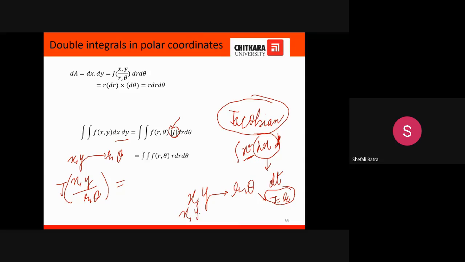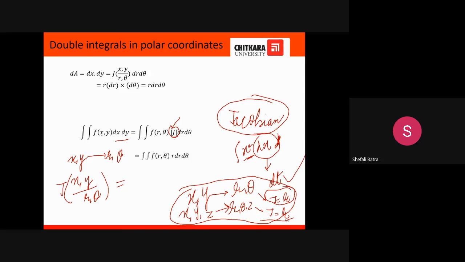X, Y, Z, cylindrical coordinates. Cartesian coordinates would be converted into cylindrical coordinates r, theta and z. Again, the Jacobian would be r. Remember these two. Tomorrow I'll ask you. When you convert Cartesian coordinates into polar coordinates, the value of Jacobian would be r. And if you are converting Cartesian coordinates into cylindrical coordinates, then again the value of Jacobian would be r, right?